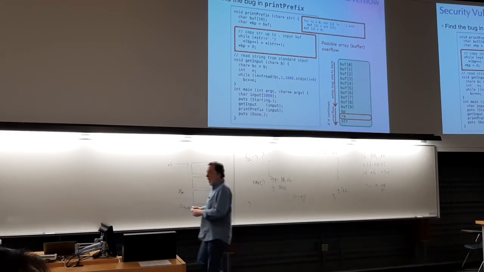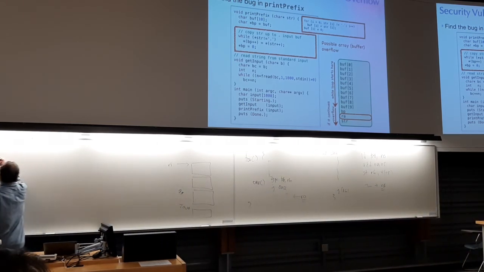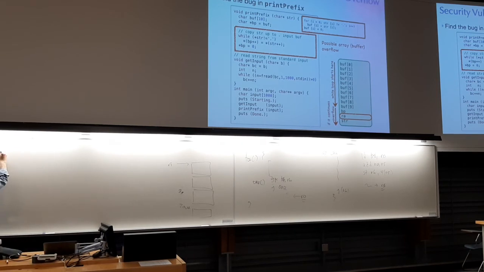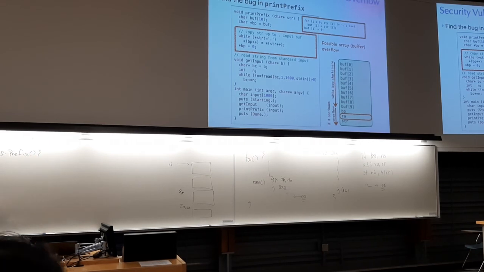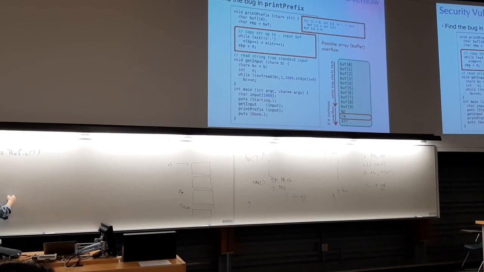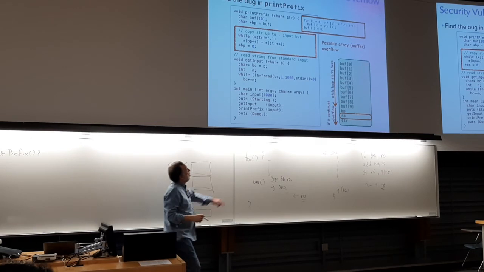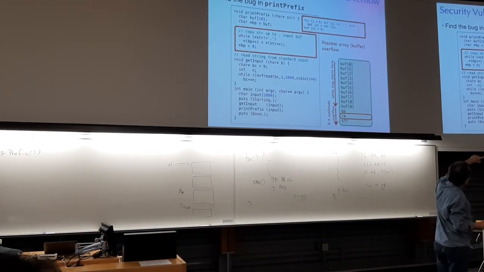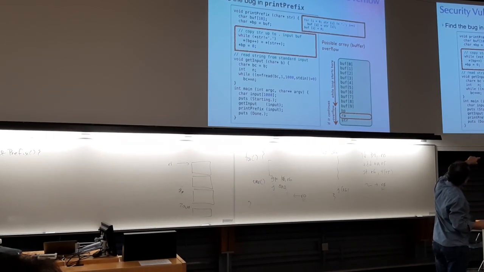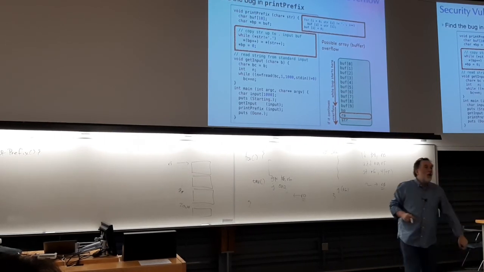So at the end of print prefix, there's going to be a load from a certain location on the stack. I don't know what that is, but we can calculate it. It's 16 bytes to get to BP, another 8, so it'll be 24. So maybe it's offset 24 from the stack pointer.